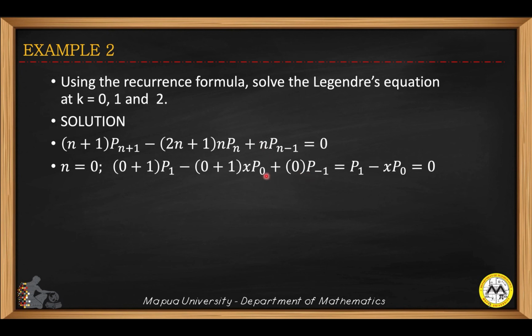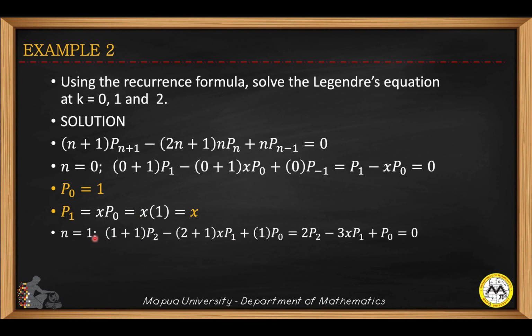That gives you P sub 1 minus x P sub 0 equal to 0. So your P sub 1 is equal to x P sub 0, but P sub 0 is equal to 1, so P sub 1 is equal to x.